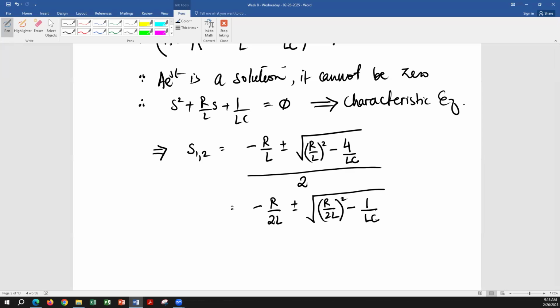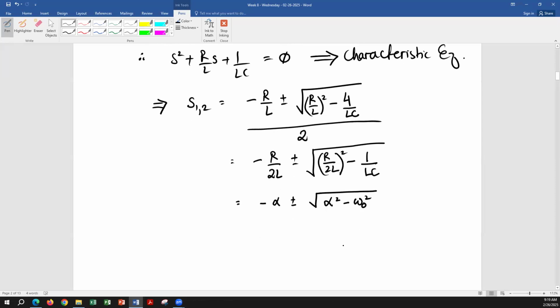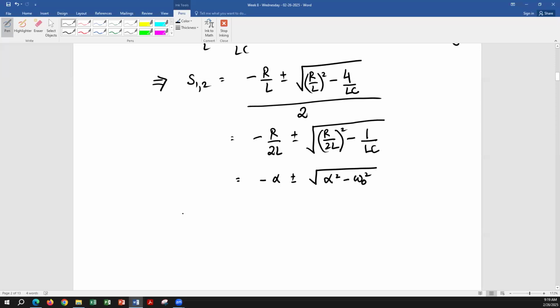And this is our familiar equation. This is negative alpha plus minus the square root of alpha squared minus omega naught squared. In this case, the only thing that is different is alpha.